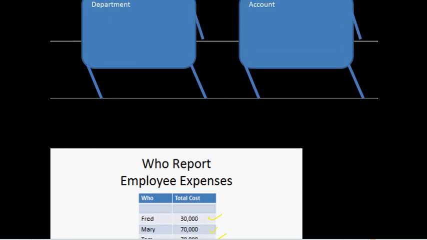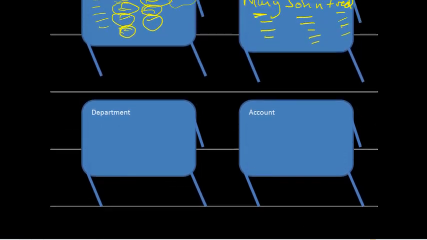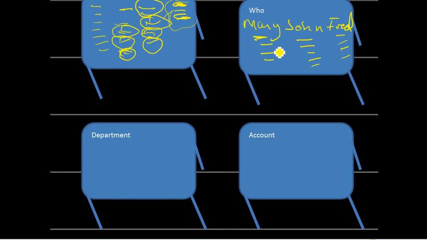And we'll go back and we'll sort the cards again. We'll take Mary's stack, and sort it by department, Department A, B, and C. Rather, let's sort them first by account.